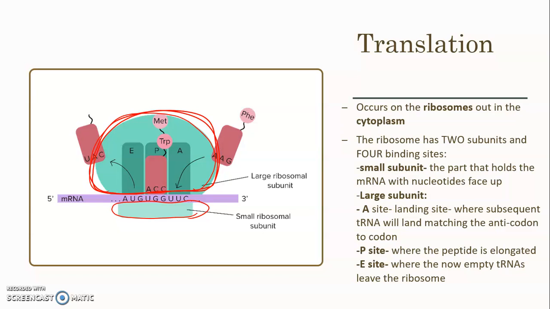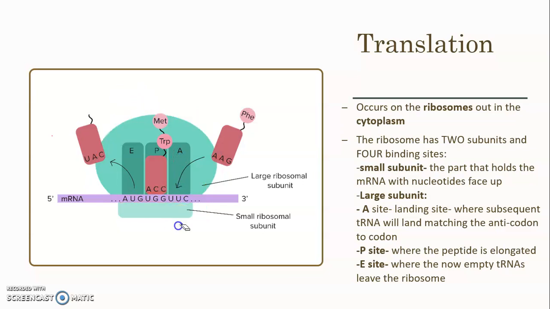It has the A site. The A site is the landing site, so to speak. That is where tRNAs are going to come into the ribosome with the codon and anticodon pairing. So if we look here, let me erase some of this picture.